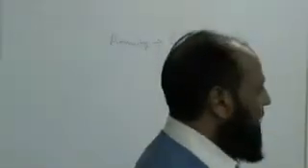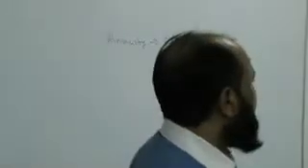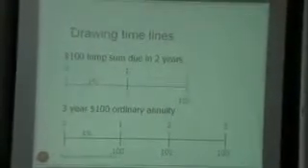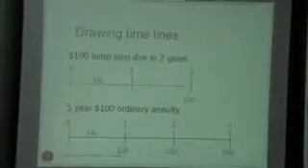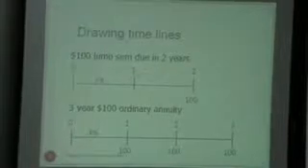As in this case, you can see the $100 are there at the end of each year. So $100 is the equal amount of the payment. It remains constant, $100, and after equal intervals means after each year. So at the end of each year we are getting $100, and it is called an ordinary annuity.